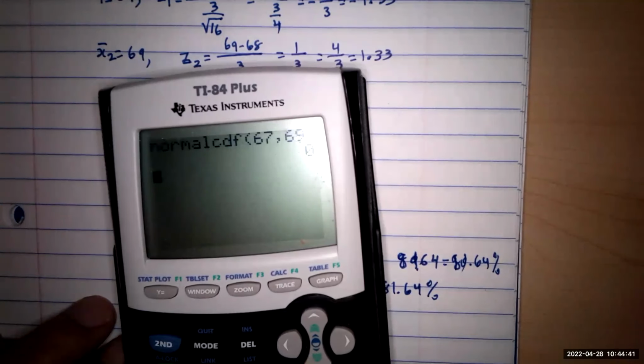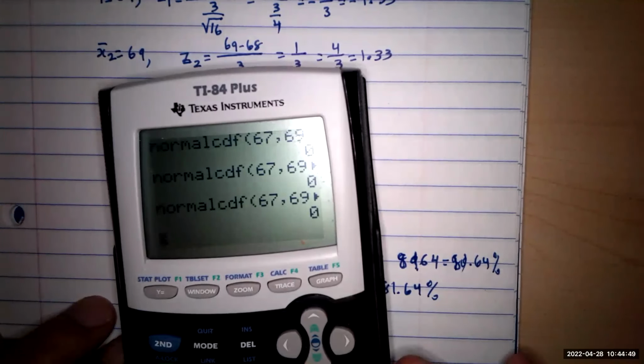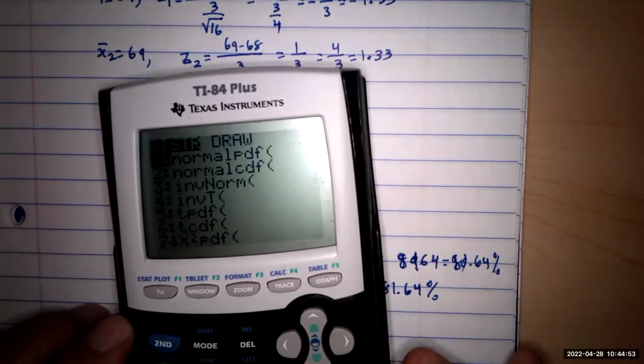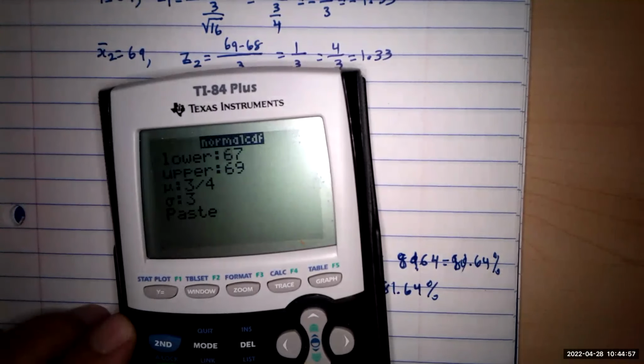So that gives you the final answer. I didn't get it, so I have to do it again. So that's a normal CDF. I have 67, 69, then the mu of 3/4, and the standard deviation of 3. Everything seems to be all right.